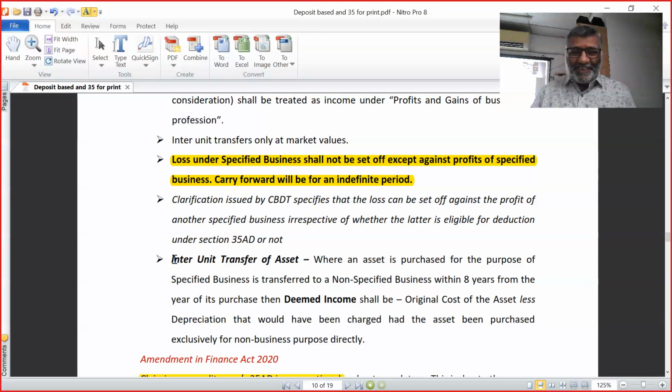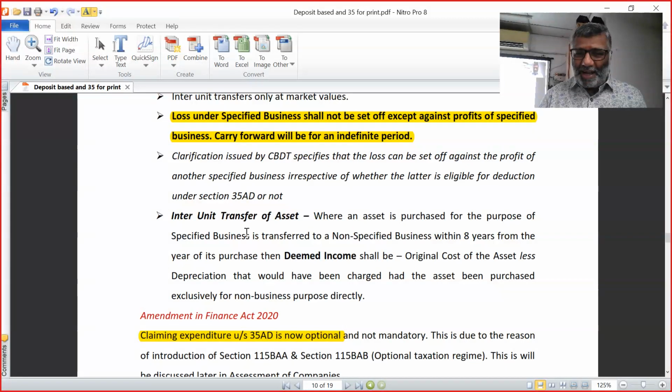So, inter-unit transfer of asset. It's only a small thing. Where an asset is purchased for the purpose of specified business and is transferred within 8 years, then there is an income. What will be the income?